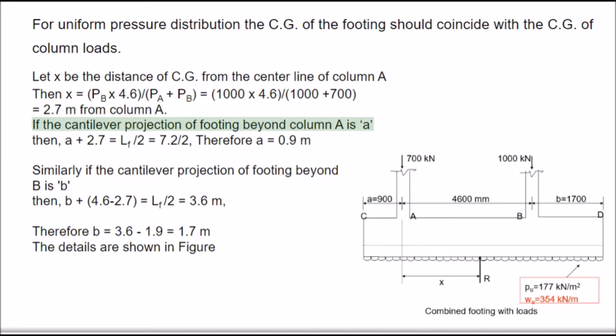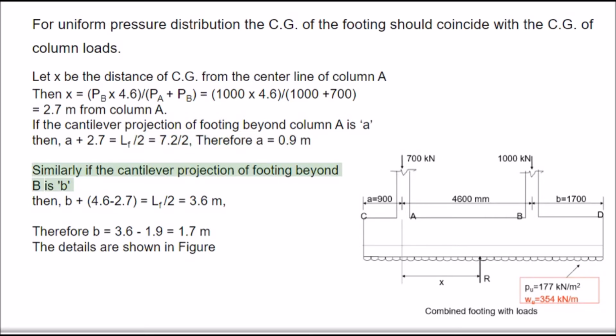If the cantilever projection of footing beyond column A is a, then a plus 2.7 equals LF/2 equals 7.2/2, therefore a equals 0.9 m.